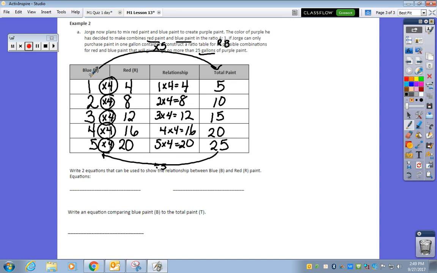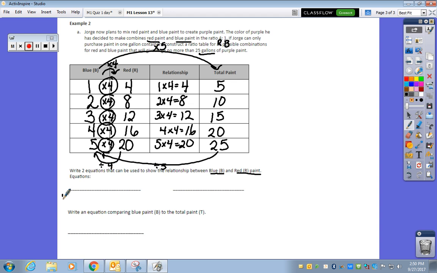So to get from blue to red, which is what it's asking us to write first, the relationship between blue and red paint, from blue to red, I multiply by 4, which means if I'm going to go from red to blue, I'll do the opposite or inverse operation, which is division by 4.